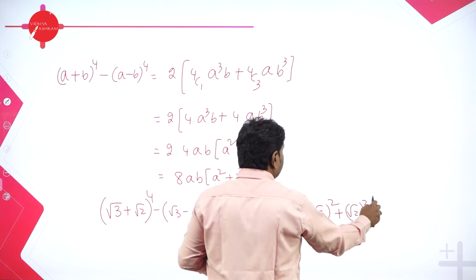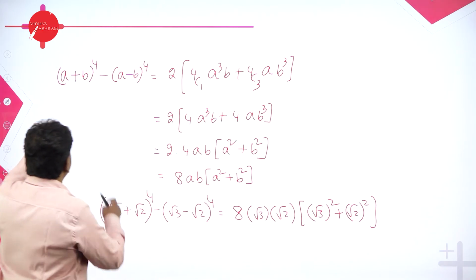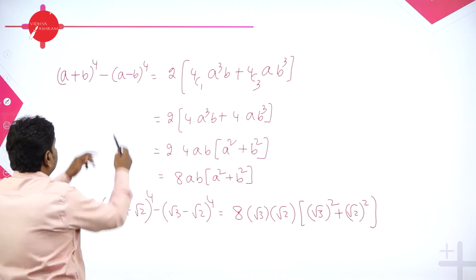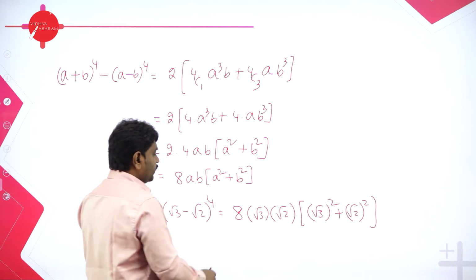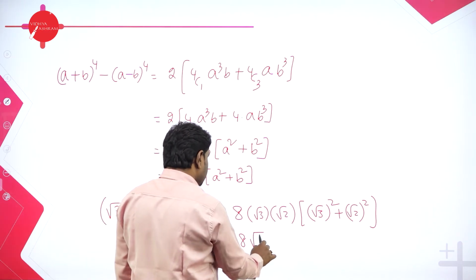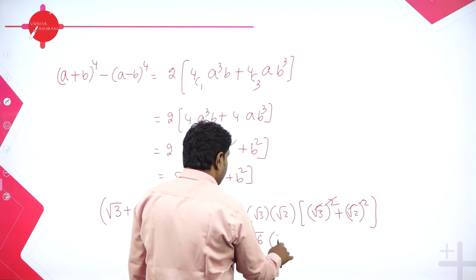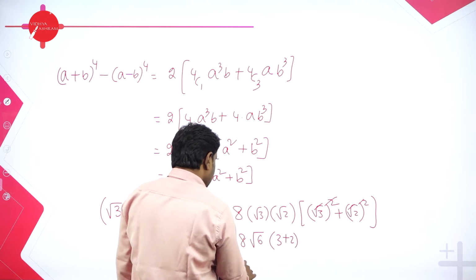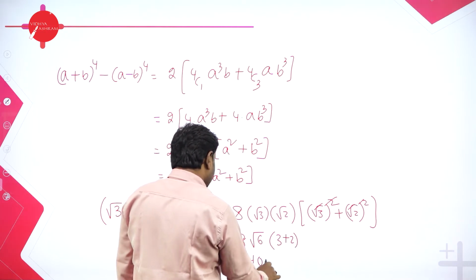I am directly using this format. The above formula I am using because these two resemble, a plus b is root 3 plus root 2, a minus b is root 3 minus root 2, power is also the same. So now therefore 8 into root 3 into root 2 is root 6, square roots cancel, we will be left with 3 plus 2. So 3 plus 2 is 5, 8 5s are 40 root 6 is the answer.